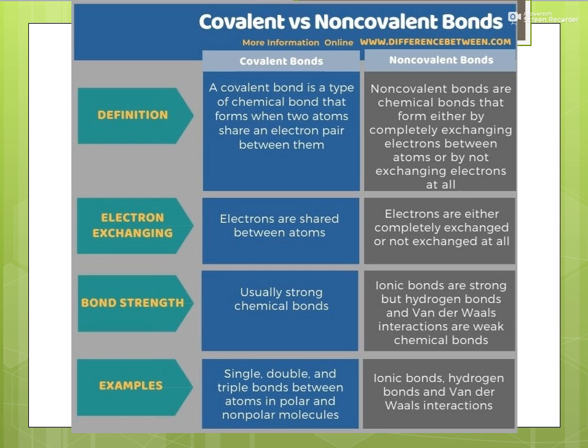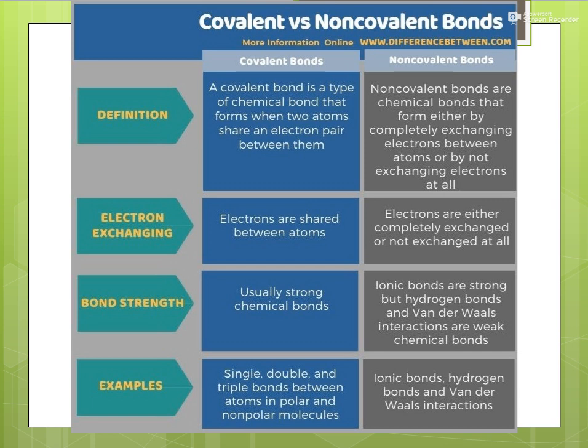But on the basis of energy, covalent bonds and non-covalent bonds are found to be different. Covalent bonds require a large amount of energy to be broken down, whereas non-covalent bonds require less energy to break down.